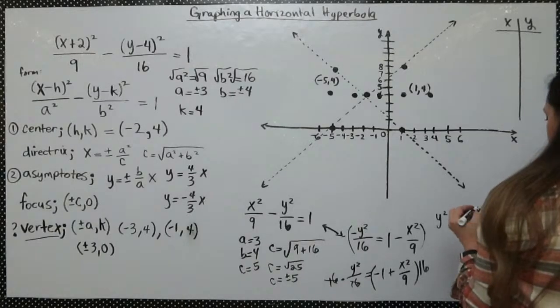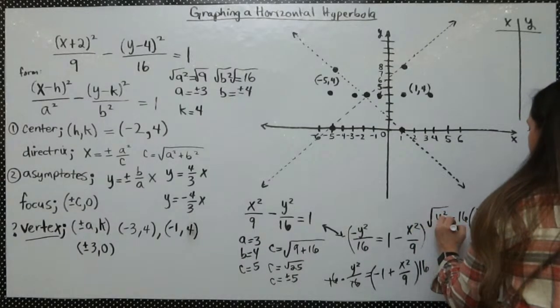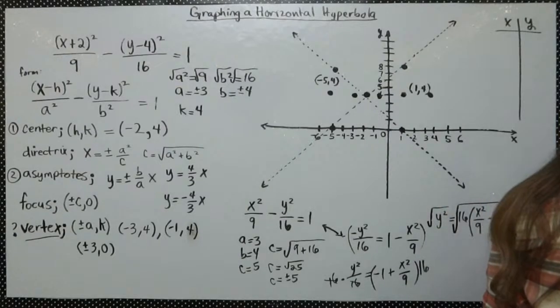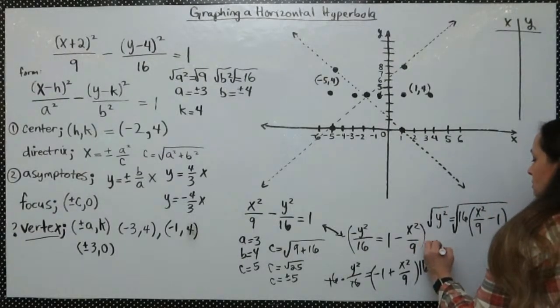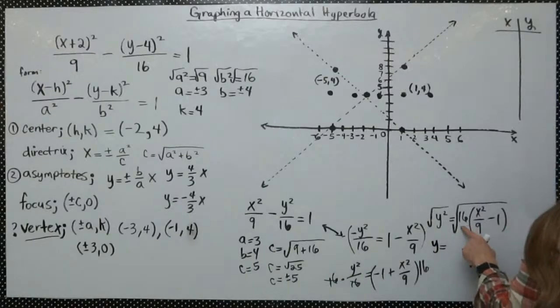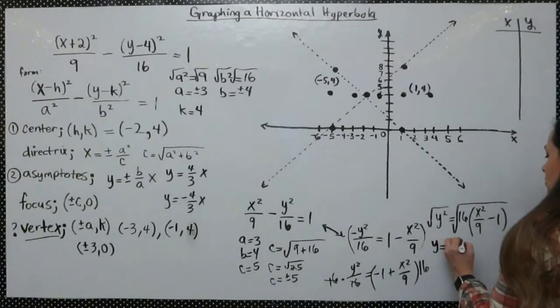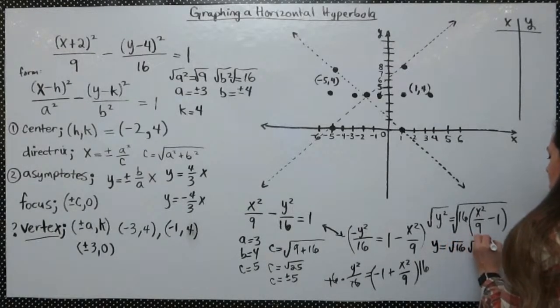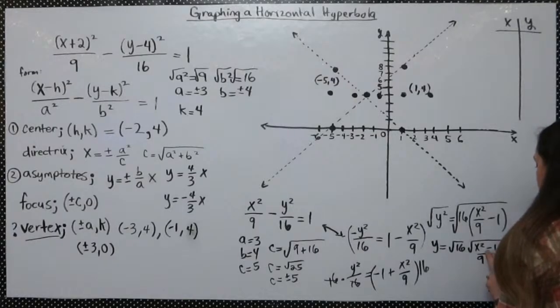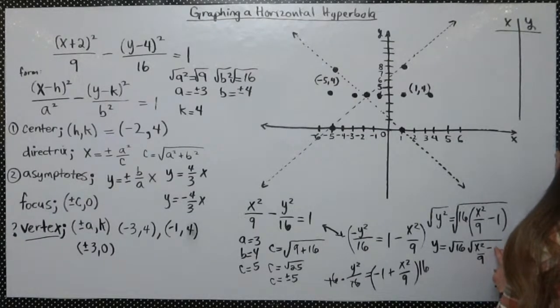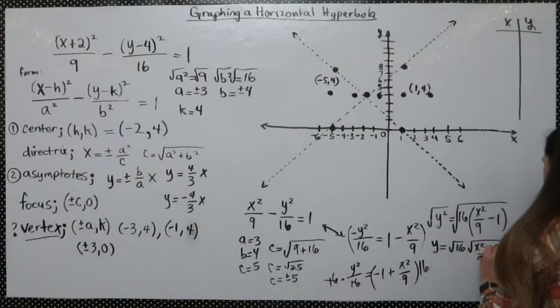And then if you take the square root of both sides, you're going to end up with y equals the square root of 16 times the square root of x squared minus 1 over 9. And then if you add those two numbers together, this is going to be -9 over 9.